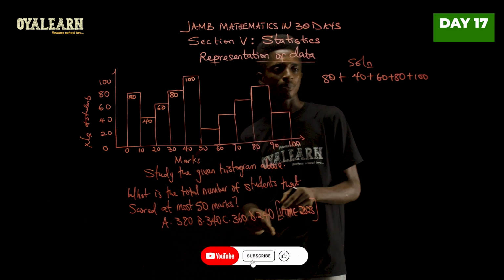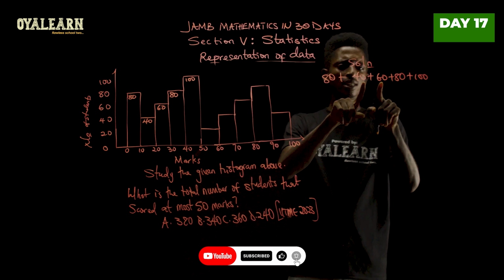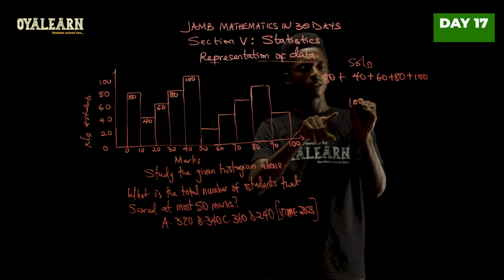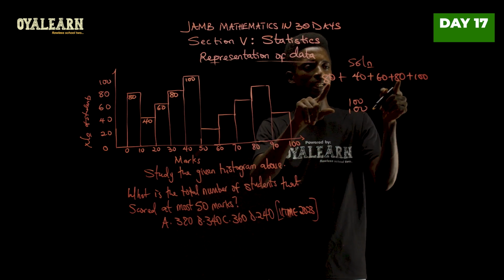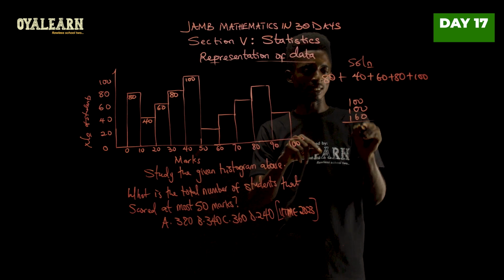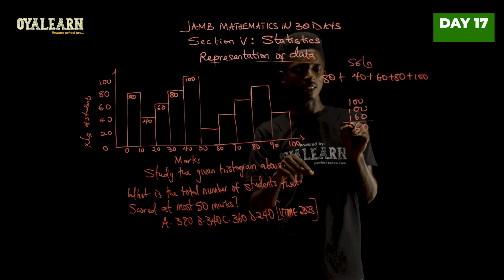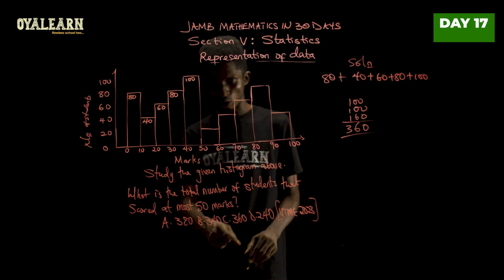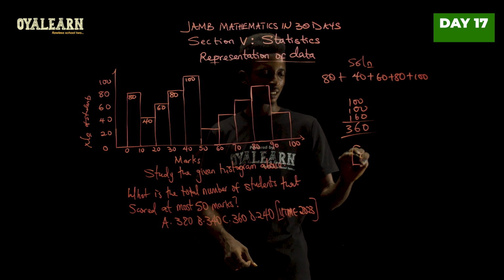Now let's add them. 60 plus 40 is 100. Then we have this 100. Then 80 plus 80 would give us 160. So let's add this. This is 0, this is 6, and this is 3. So we have 360 students. The correct option there is C.